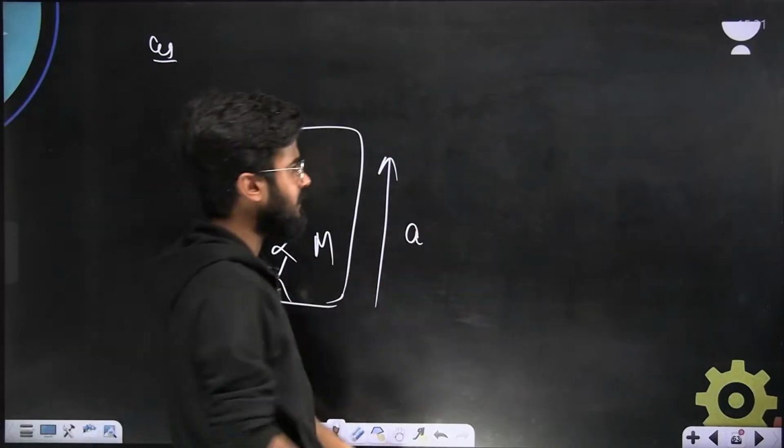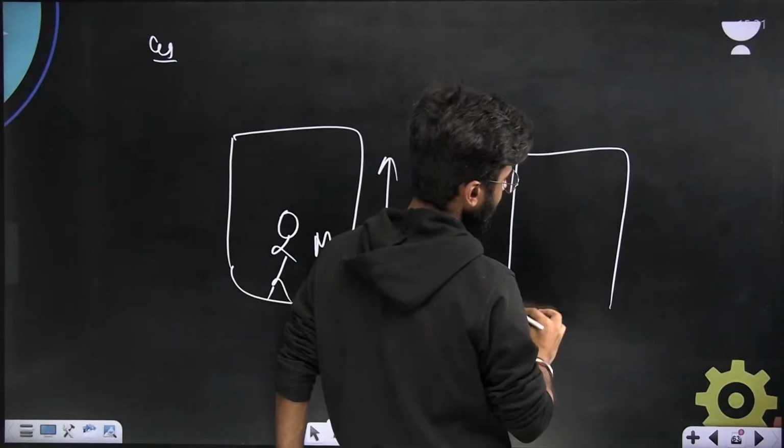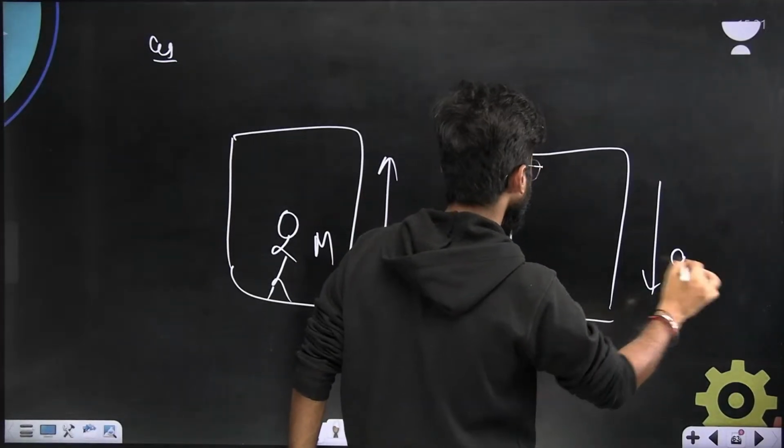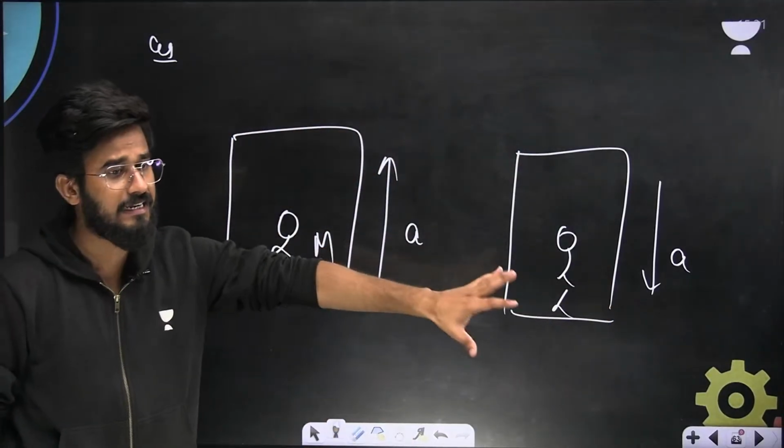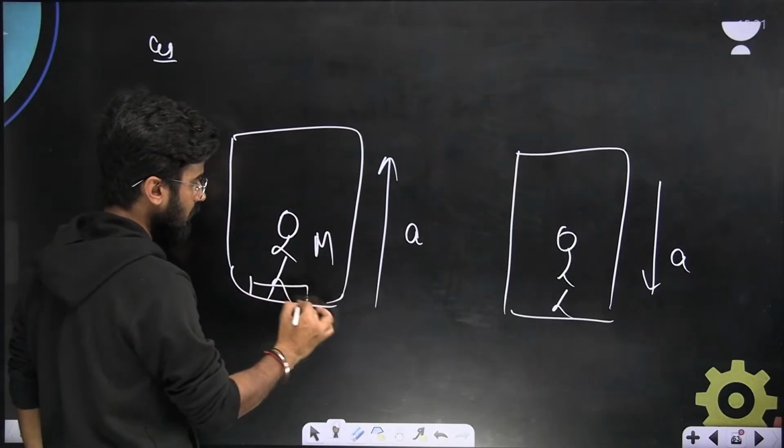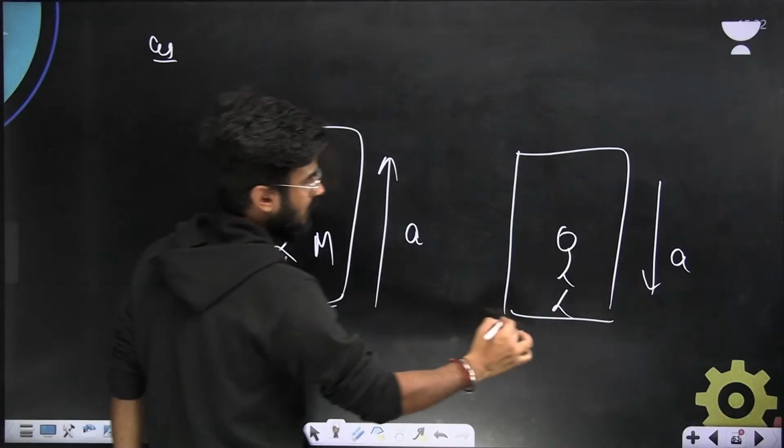Now there is another case when the elevator is going downward with acceleration a, and he is also standing in this elevator. Suppose that he is standing on a weighing machine.